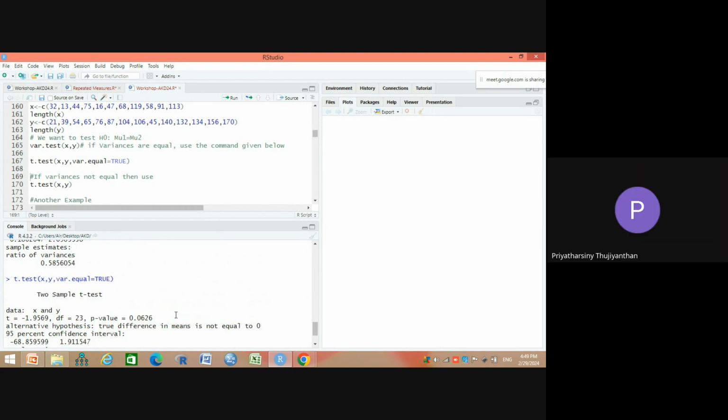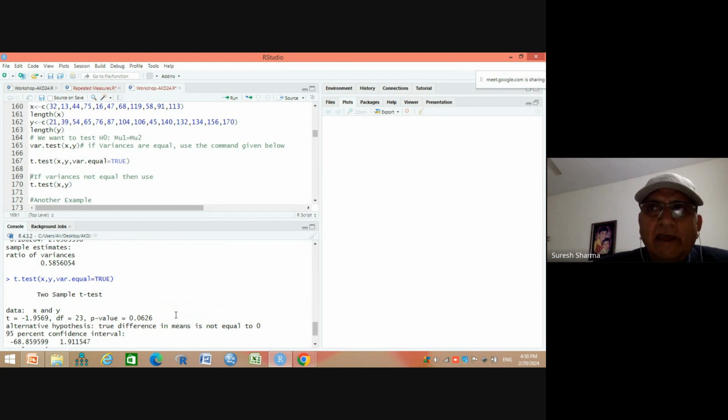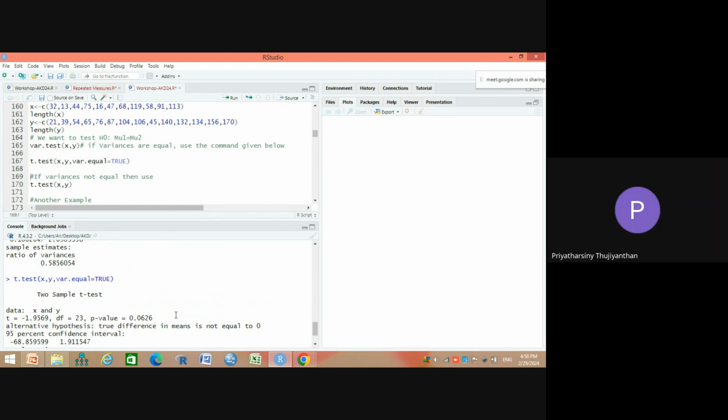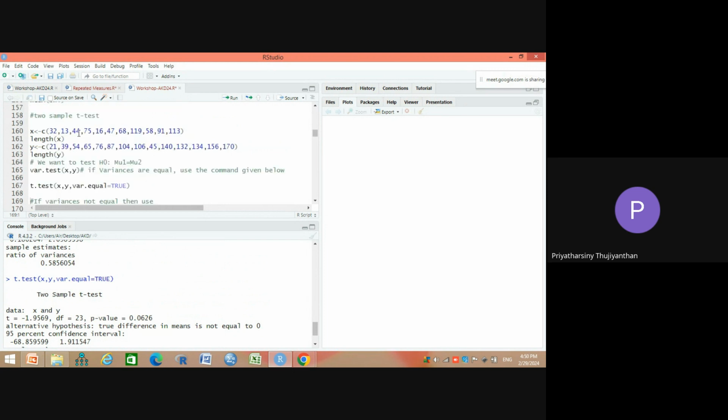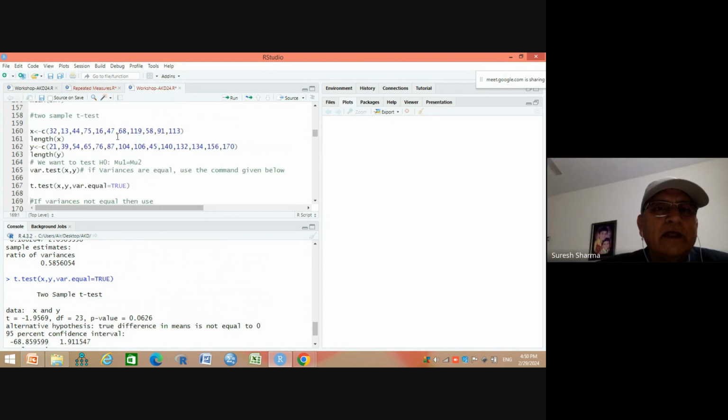If it is more than 0.05, H0 will be accepted. And what was H0? Mu1 is equal to mu2. That means there is hardly any difference between these parameters of x and y. They are almost equal. So this is what the result is.